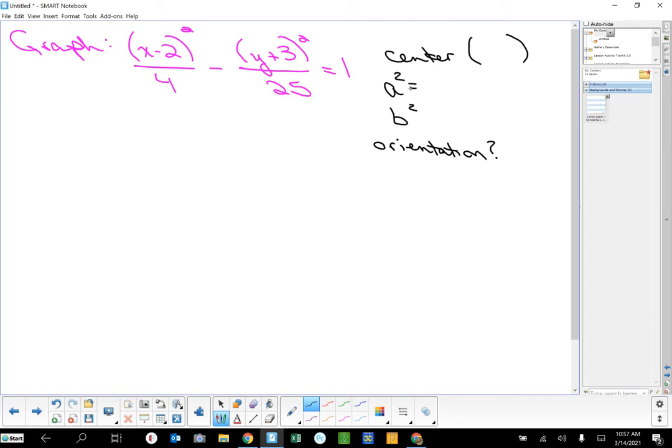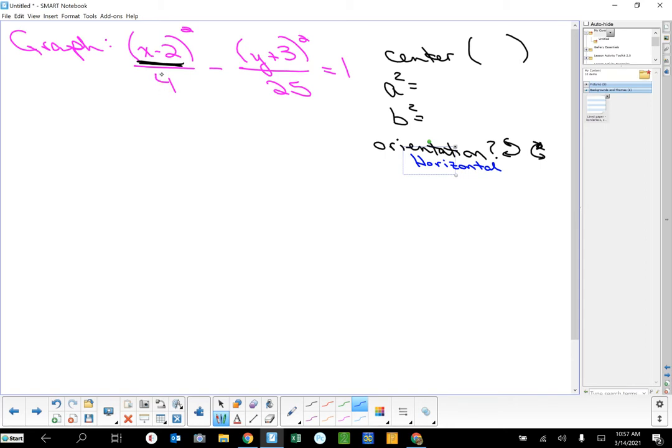Okay, so here is what we know. Because the x comes first, the orientation is horizontal. Okay, and that's the only reason is because the x comes first.